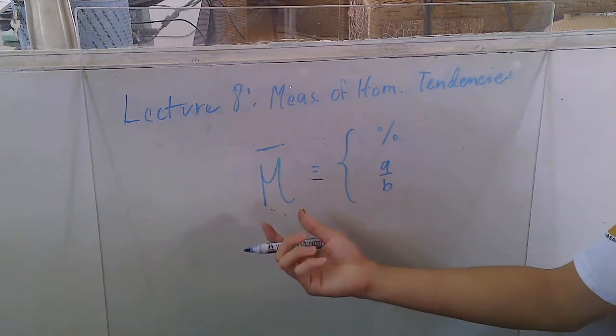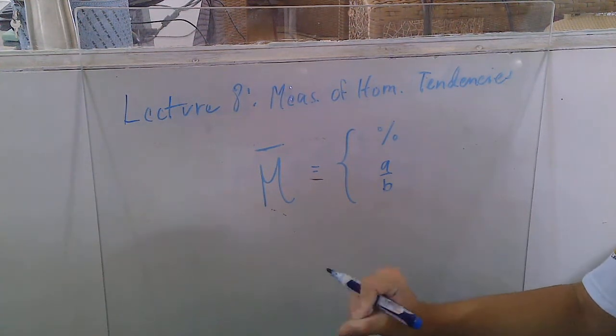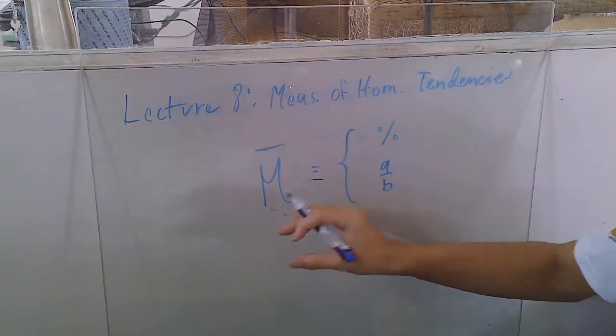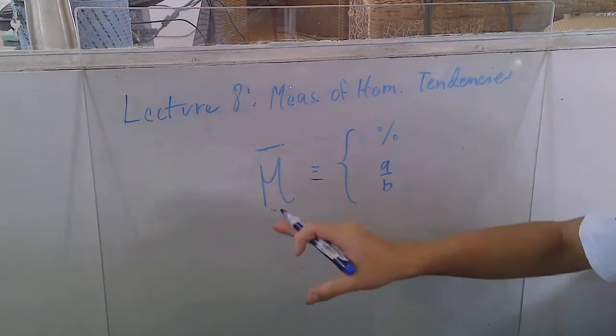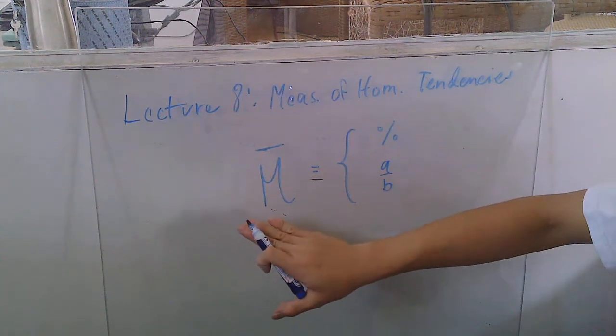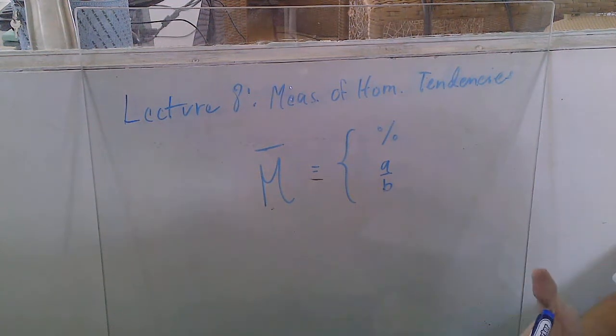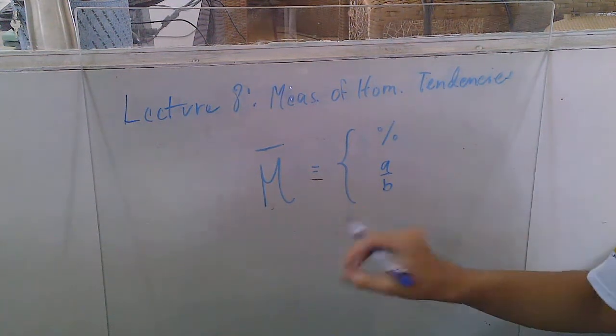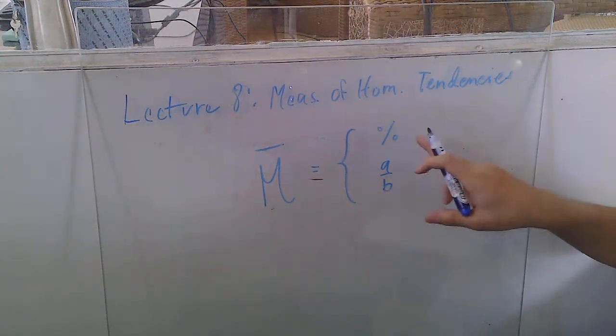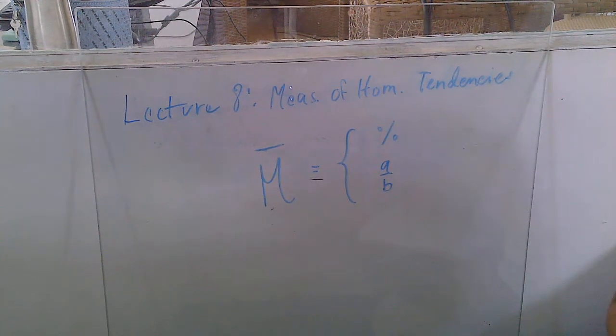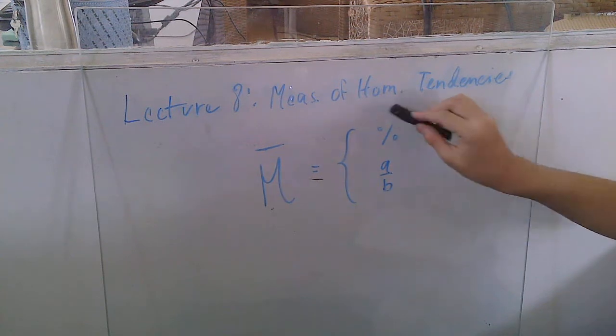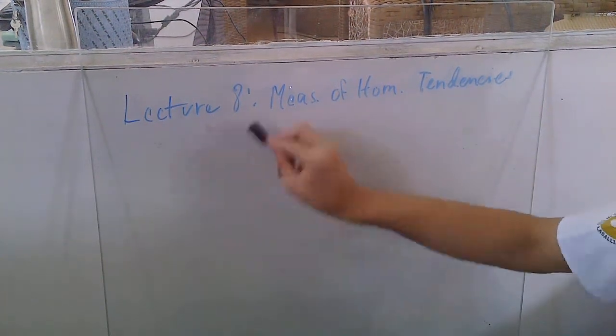What mu bar tells us is basically how gay the person is, right? That's basically what we're describing with this mu. It's measured as a percentage.